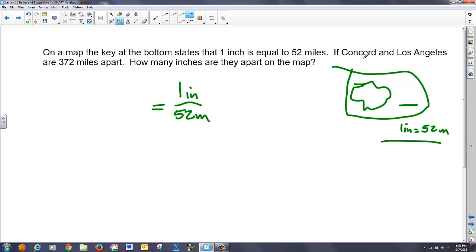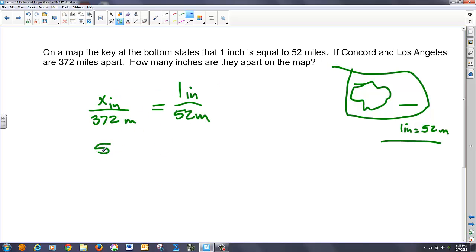So it says if Concord and LA are 320 miles apart, right, then how many inches are they apart on the map? So notice, my miles are down here. My miles must compare to the miles in the problem. I don't know how many inches there are apart, but I have inches to inches, miles to miles.